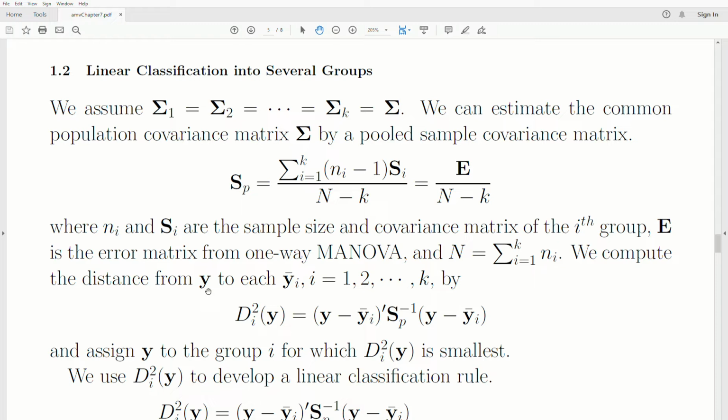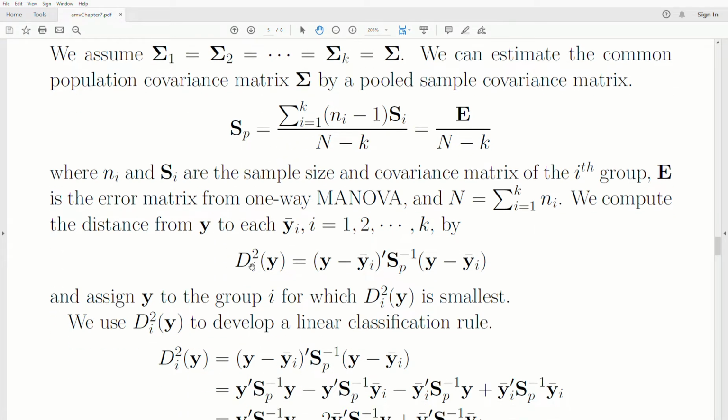So the strategy is we look at the Mahalanobis distance, or the statistical distance, from that new y vector to each of the group mean vectors. And whichever has the smallest statistical distance, we assign that new observation to that group.